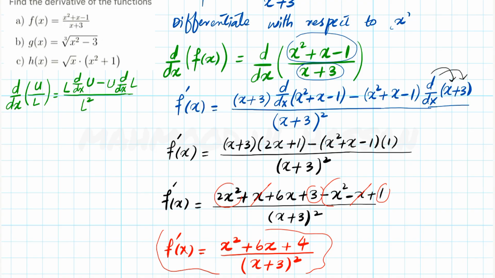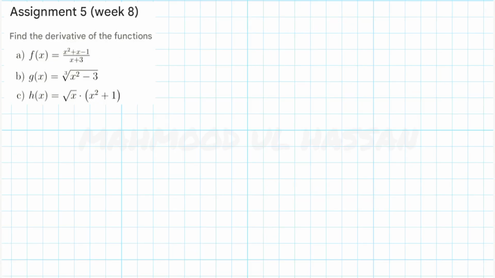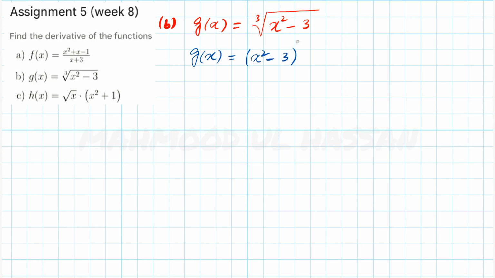Now move to the next part, and that is part B. Here we have g of x equal to the cube root of x squared minus 3. So the equivalent form of this function is g of x equal to x squared minus 3 whole power 1 upon 3.